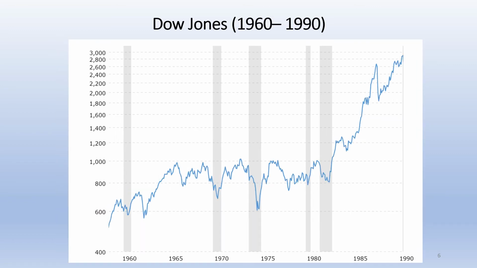In this graph, we just sort of moved from 1915 to 1960, and now we're in 1960 to 1990. A lot of short-term, medium-term volatility, especially between, say, 1965 and mid-1980s.